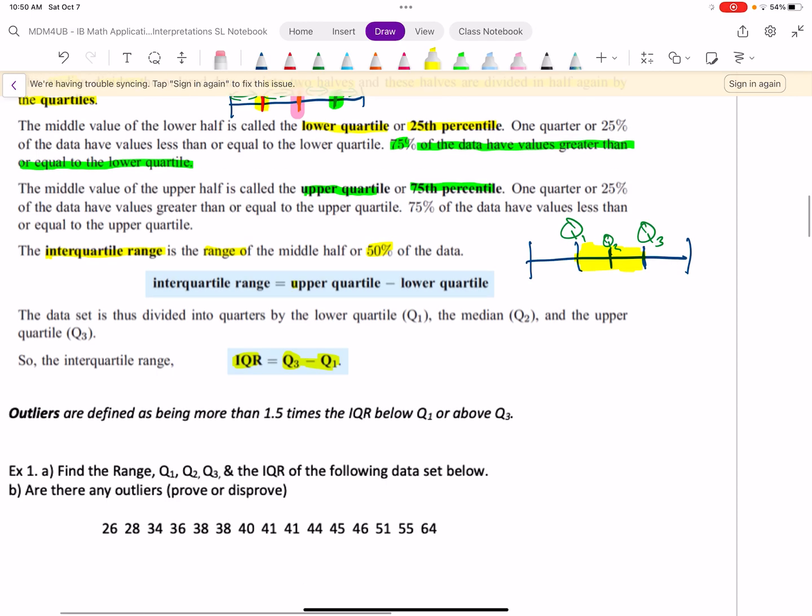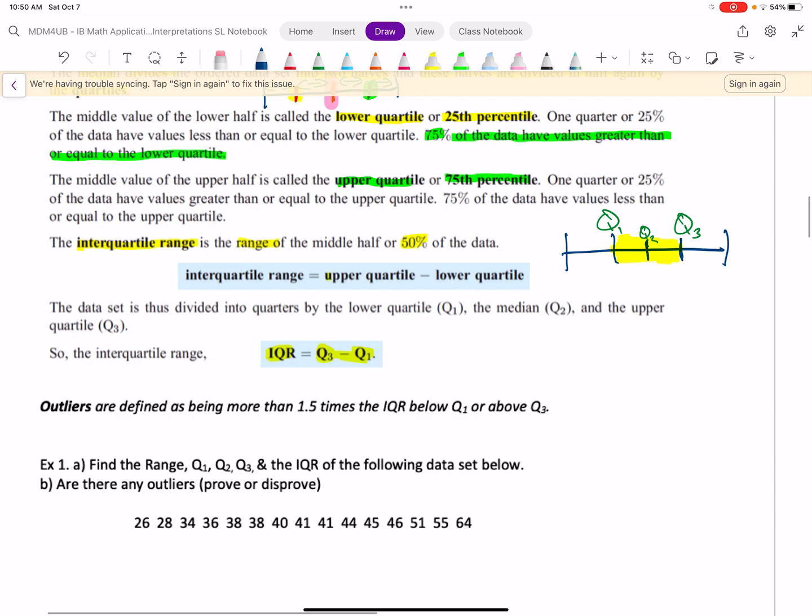So lots of new terminology, but pretty straightforward in terms of what you're doing. We're going to get to it in a minute, but you can also finally have a measure to figure out if some values are outliers. Outliers are defined as being more than 1.5 times the IQR, either below Q1 or above Q3.